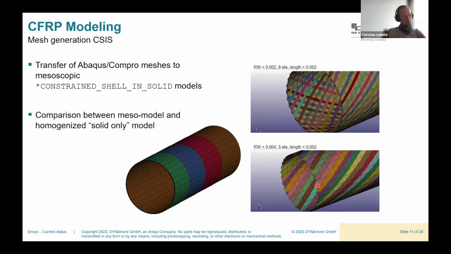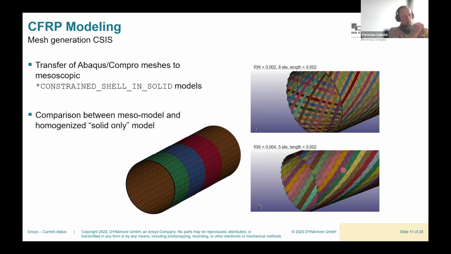And then he could also select how many elements he wanted to have across the width of the roving, and then we're able to generate these fiber tapes to create these tubes.